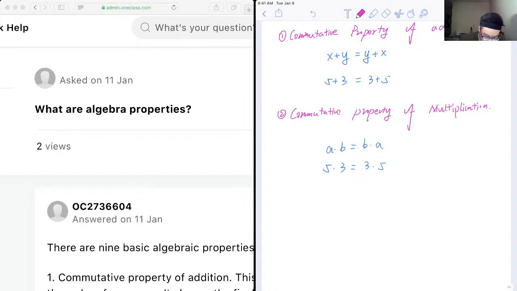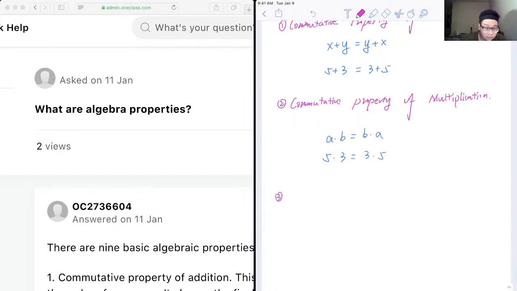Next we have the associative property of addition.